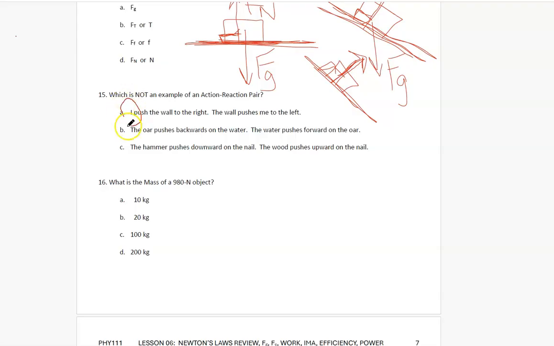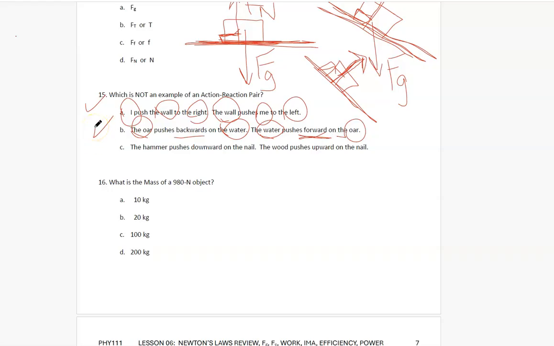Well, I and wall are switched, and the direction is switched. Oh, so now it's wall pushes on me to the left. That one works. Okay. B, the oar pushes backwards on the water. Well, we switch the two objects. The water pushes on the oar, and the direction is forward. Well, that one checks too.